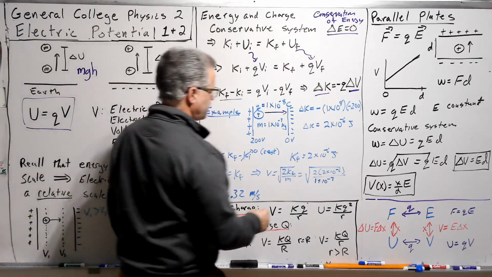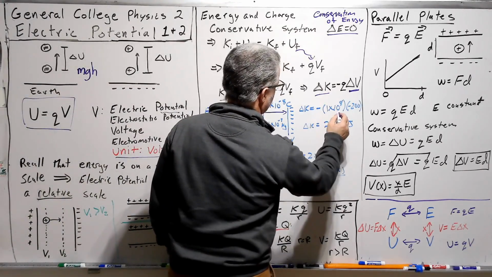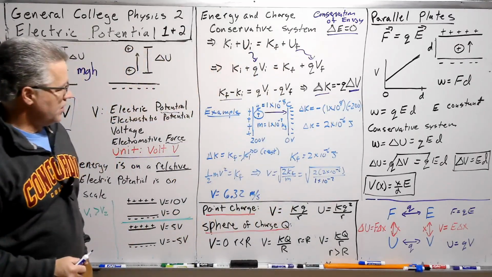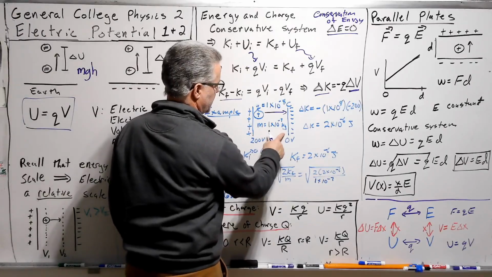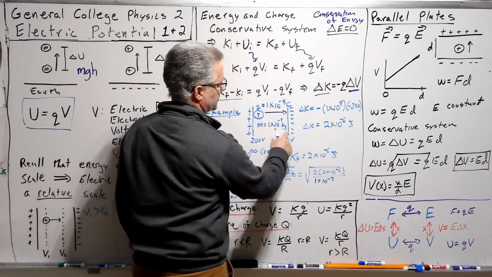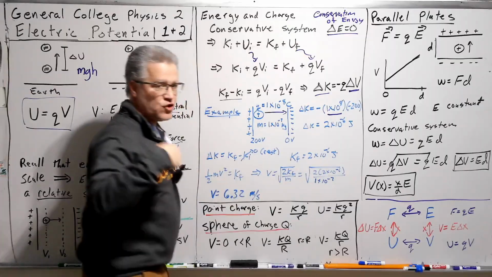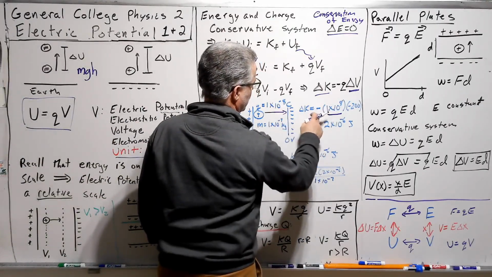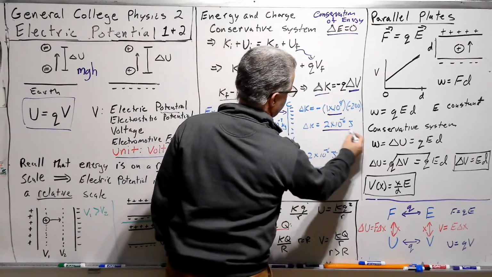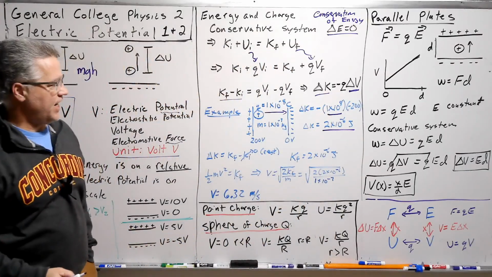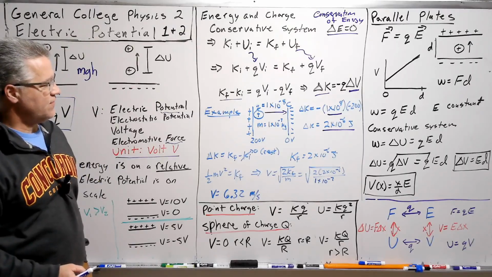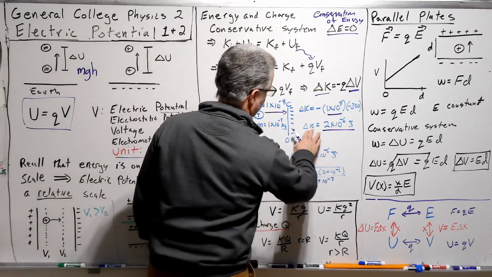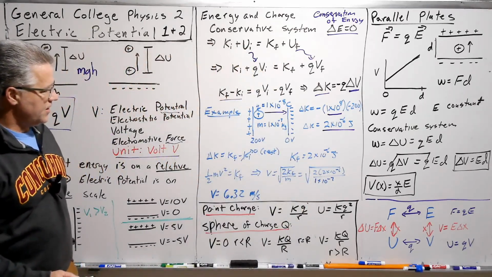So we look at the voltage difference here is minus 200 volts. So we were at 200, we're now at 0, so we're minus 200 volts. We've dropped 200 volts. The charge is this, so the minus and the minus gives us a total potential energy change of 2 times 10 to the minus 6, but by conservation of energy, this is the change in the kinetic energy here.